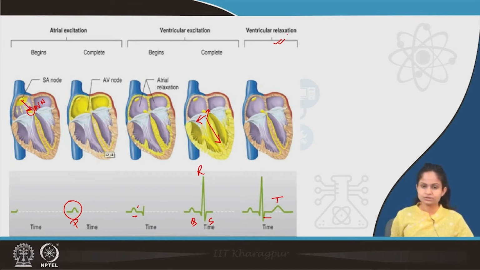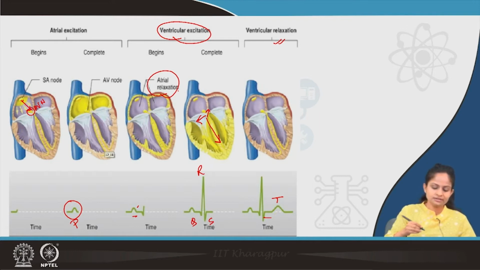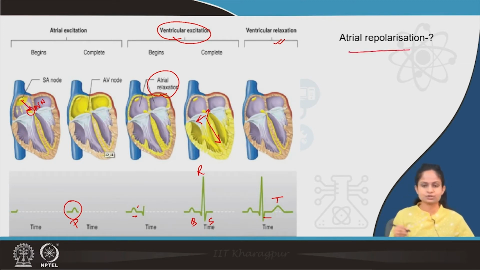What is very important to know is that during the ventricular depolarization, another event is coinciding with it, which is atrial relaxation. Atrial relaxation is a mechanical event. So, we get an electrical event, that is atrial repolarization. Where does this atrial repolarization go? It actually overlaps the ventricular depolarization, and since the atrial musculature is very thin, we do not get to see the repolarization wave.